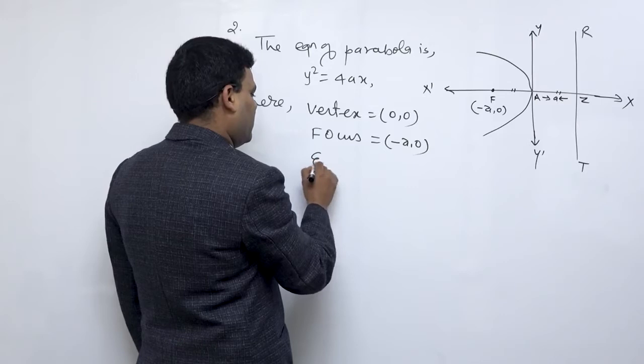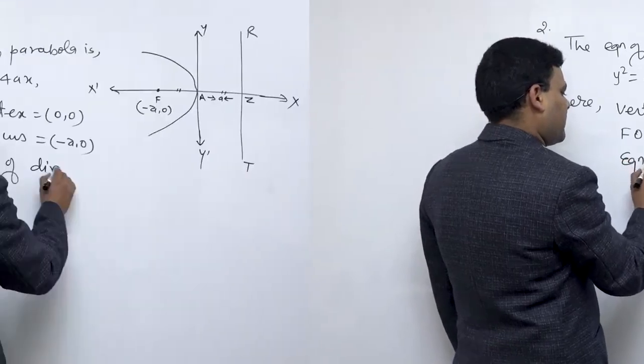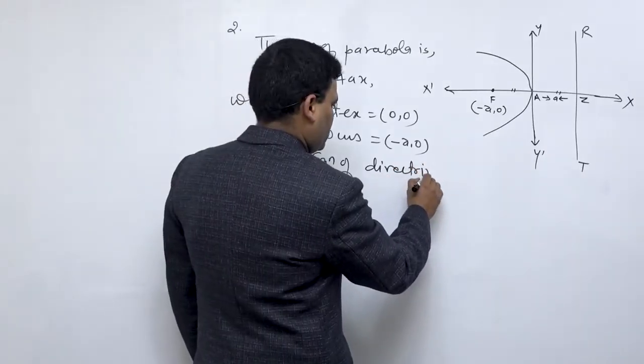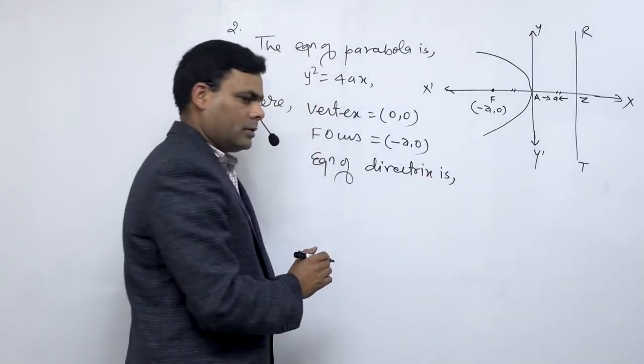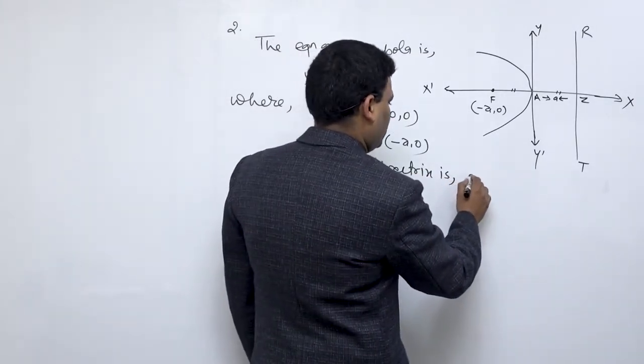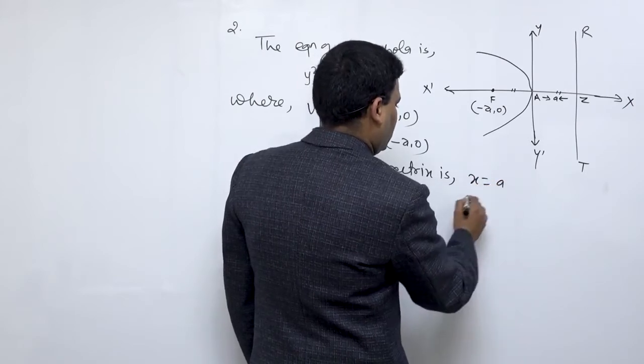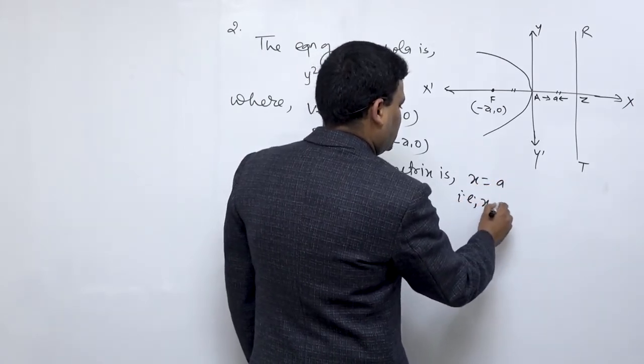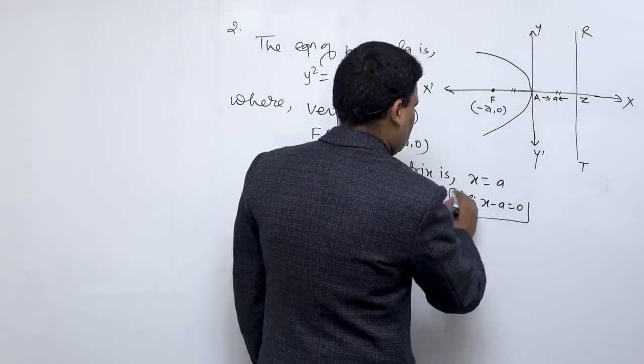The equation of the directrix is x equals to a, that is x minus a equals to 0.